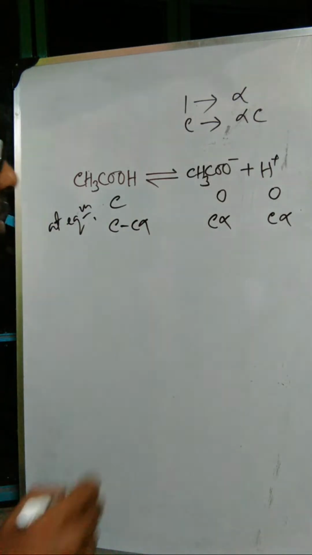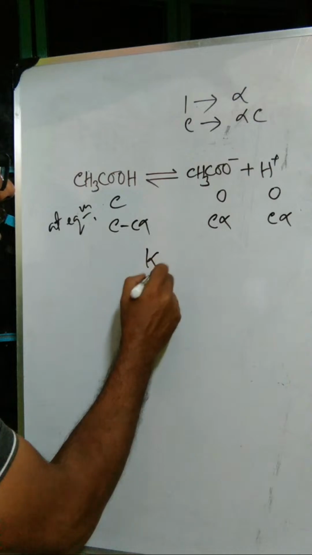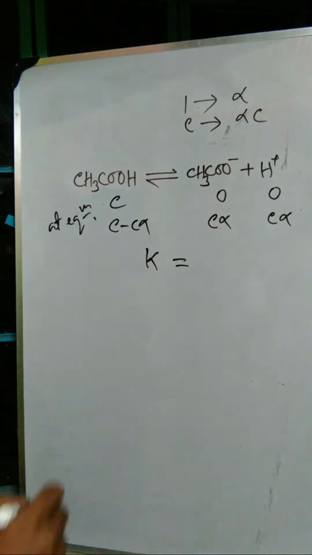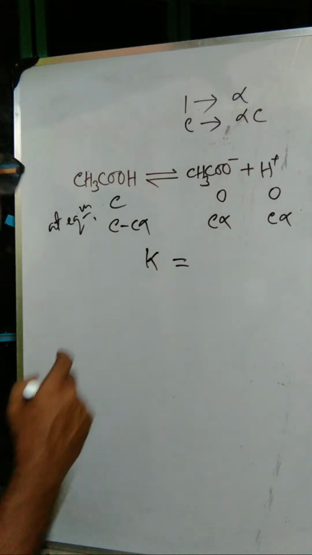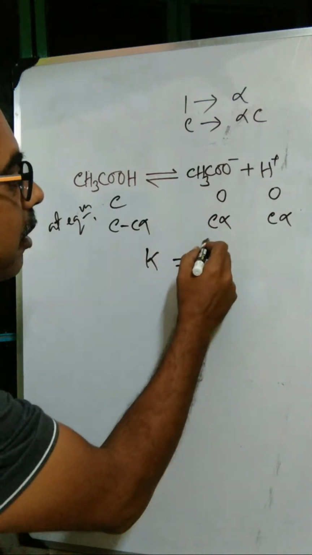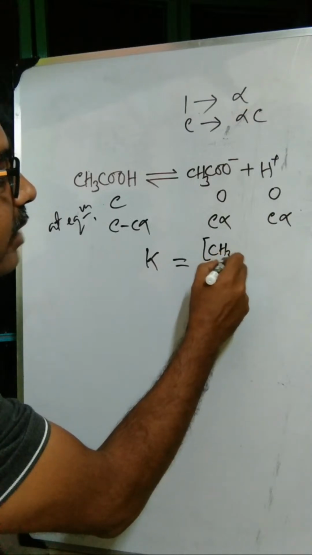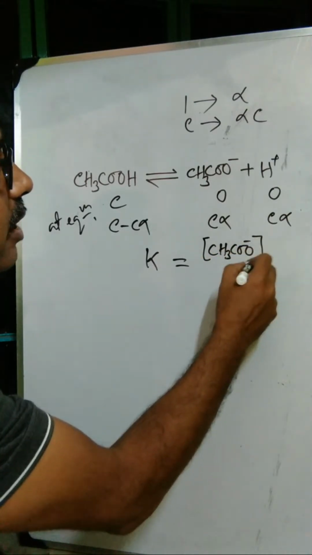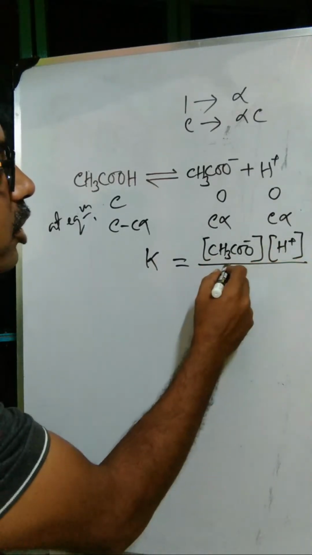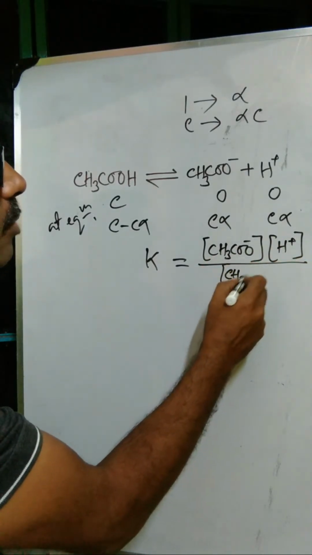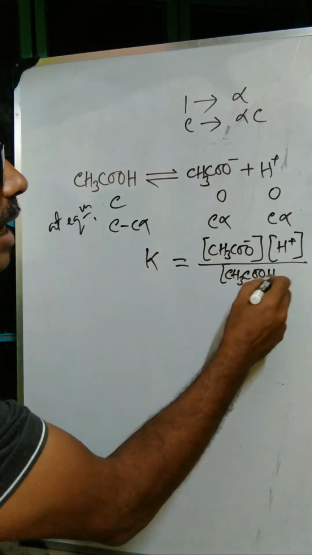So, the equilibrium constant K equals the concentration of products divided by the concentration of reactants present at equilibrium. That means the concentration of acetate ion CH3COO minus into the concentration of H plus ion, divided by the concentration of undissociated acetic acid molecules that remain at equilibrium.